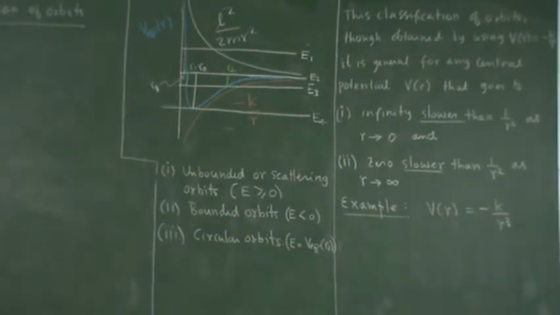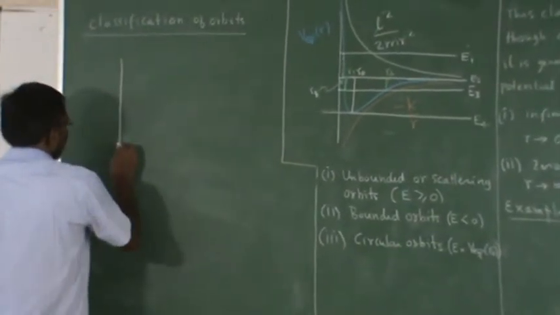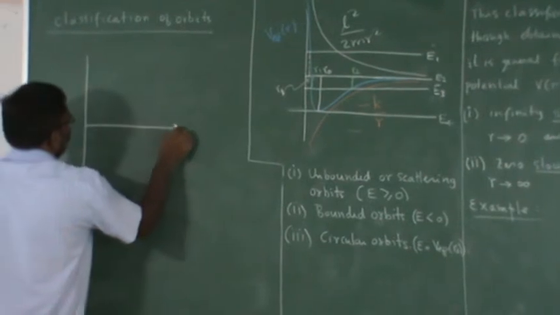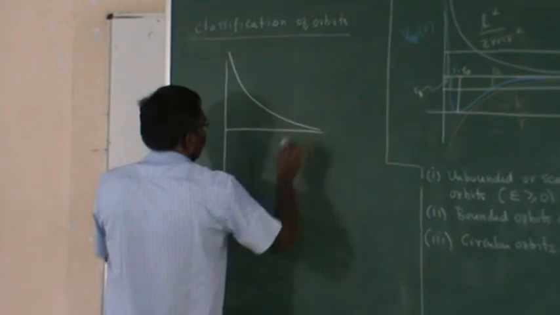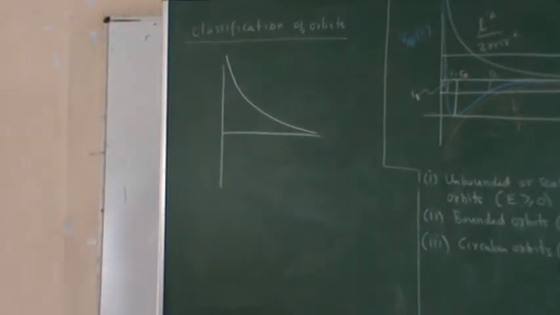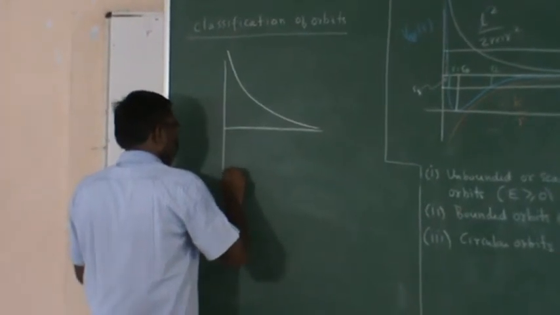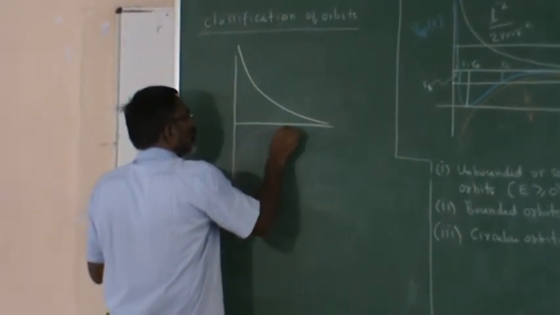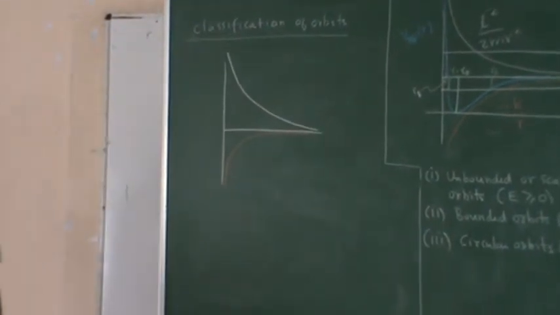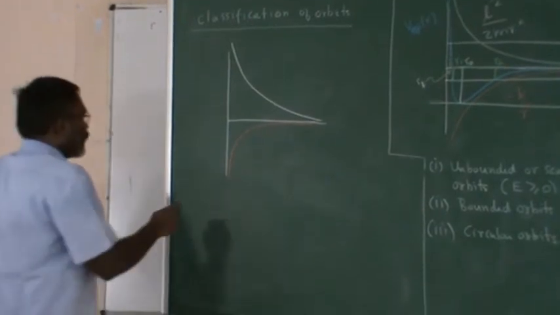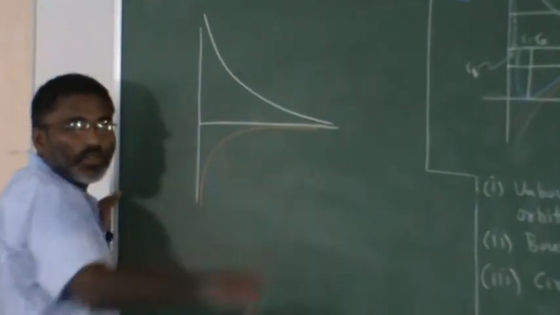Let me draw a similar picture here. This is the centrifugal term, and we have this term, which goes to infinity and goes to 0 faster than the centrifugal term. As a result, this will dominate at infinity and this will dominate at 0.